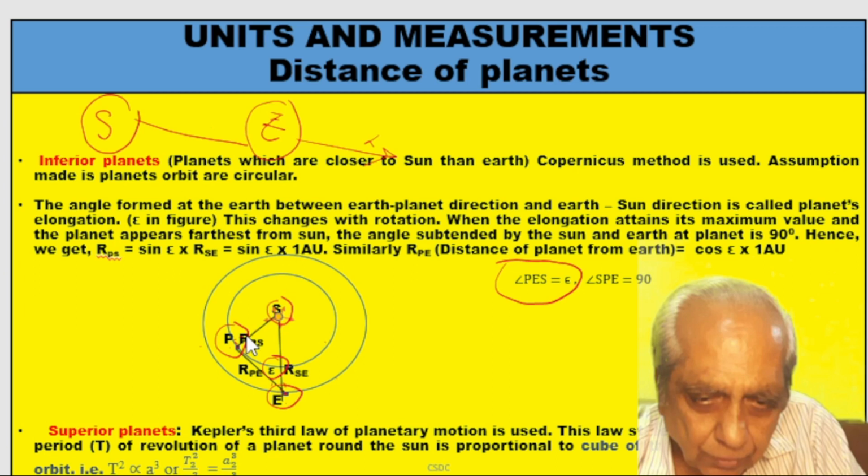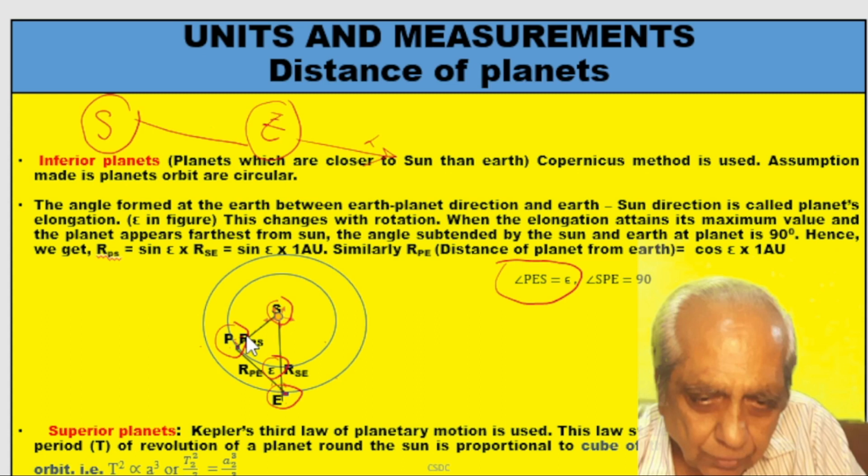So I will get RPS upon RSE, which is 1 AU. So sine of the angle of elongation is RPS upon 1 AU. So sine epsilon naught into 1 AU is RPS. That's what I have written here.